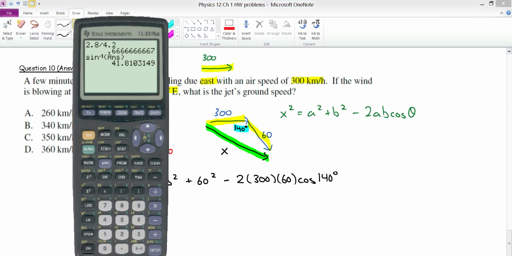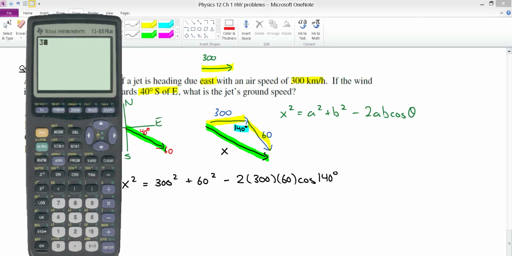All right, let's solve this problem then. Let's go into my calculator, clear all that. 300 squared plus 60 squared minus 2 times 300 times 60 times cos of the angle, which is 140 degrees. I'll get something like that.